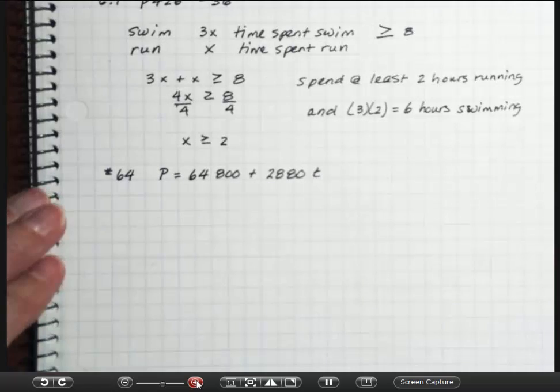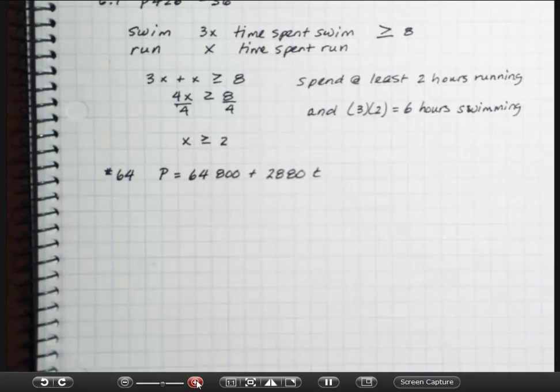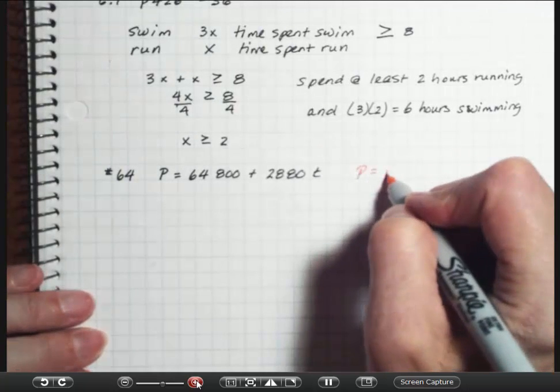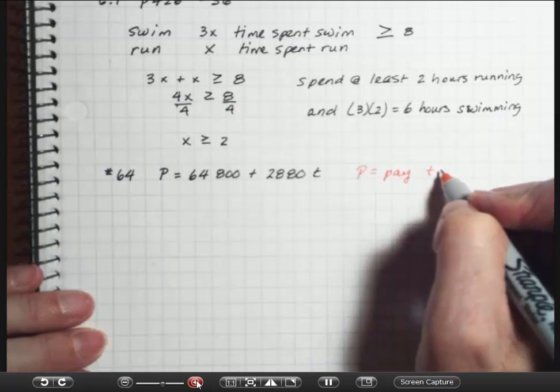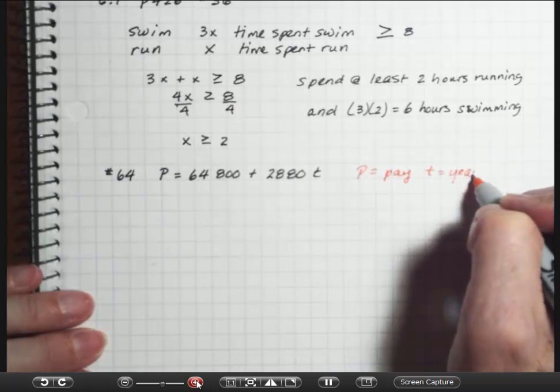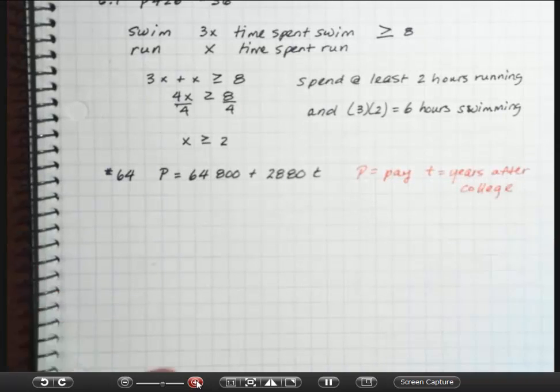So you might want to make yourself a little note here. P equals pay, T equals years after college. And in this particular problem, it says, how many years would a chemical engineer major expect to work to be earning at least $108,000 per year?